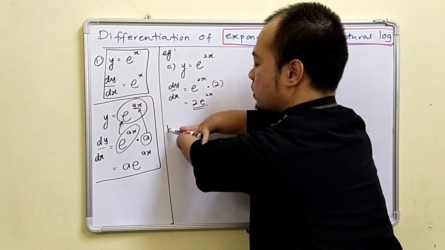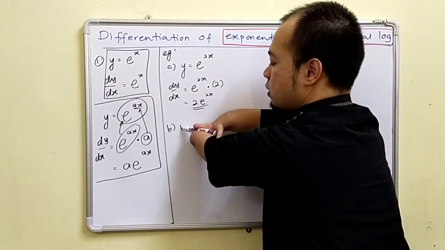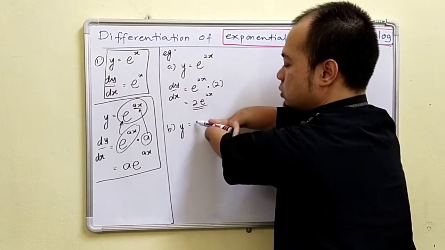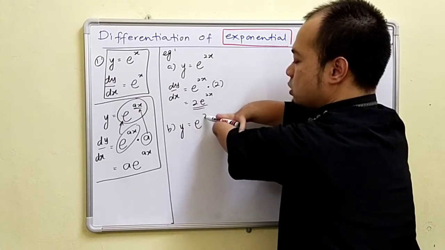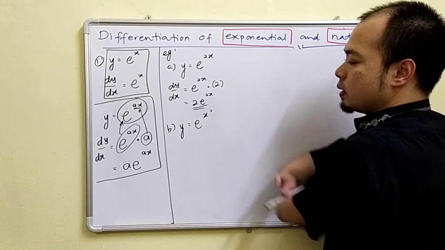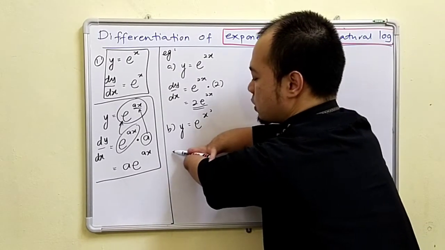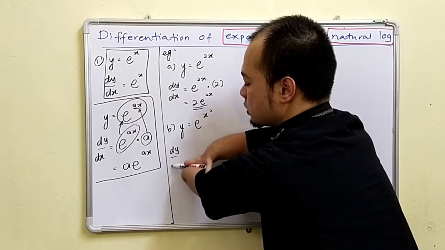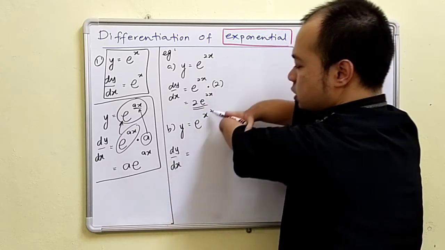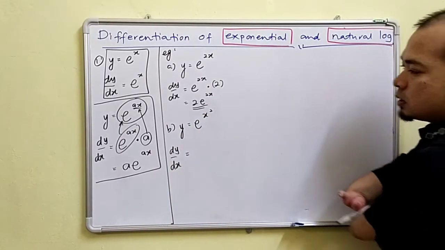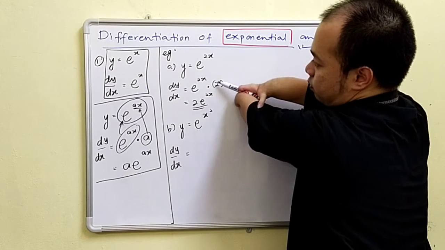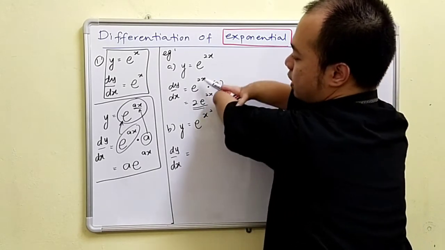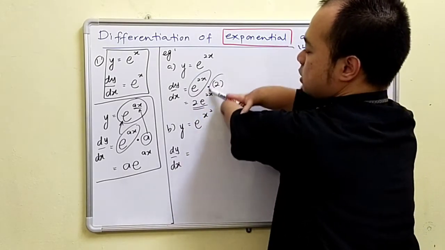Another one, it also can be like this: y is equal to exponential of x squared. How to find dy over dx? Like example A, apply the outside and the inside.